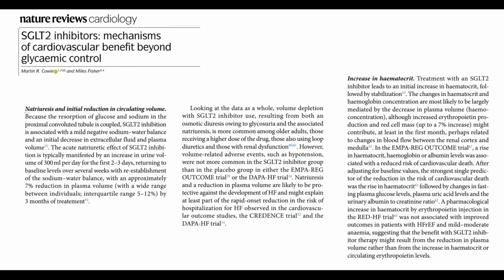So the point is that because the reabsorption of glucose and sodium are coupled, with inhibition of the SGLT2 transporter, the reabsorption of sodium decreases. This effect typically manifests by an increase in urine volume of 300 ml per day for the first 2 to 3 days. And this diuretic effect is caused by osmotic diuresis due to the glycosuria and natriuresis.